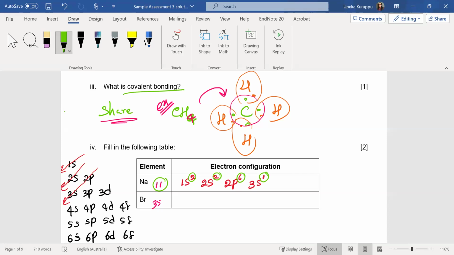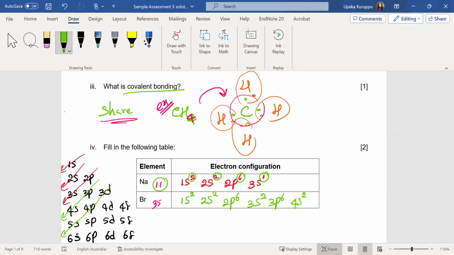Can you write for bromine, please? How many electrons can d hold? 10. 3s2, then it's going like this, 3p6, 4s2, am I right?